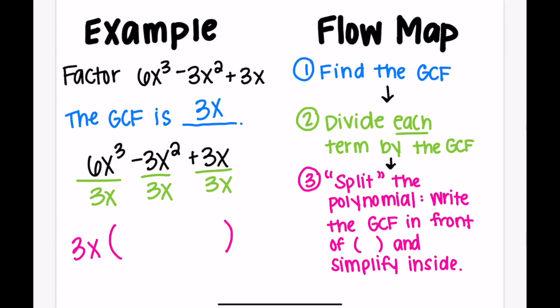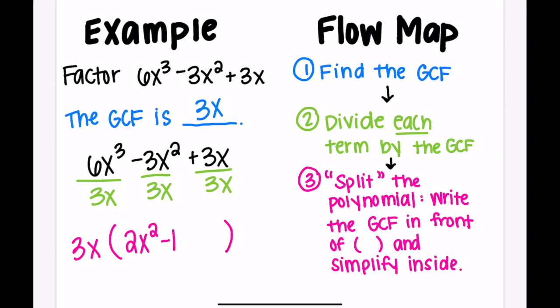So 6 divided by 3 is 2. And x to the third divided by x, we take one of those exponents away. We subtract those. So that would be x to the second power. Then we have -3 divided by 3 is -1.